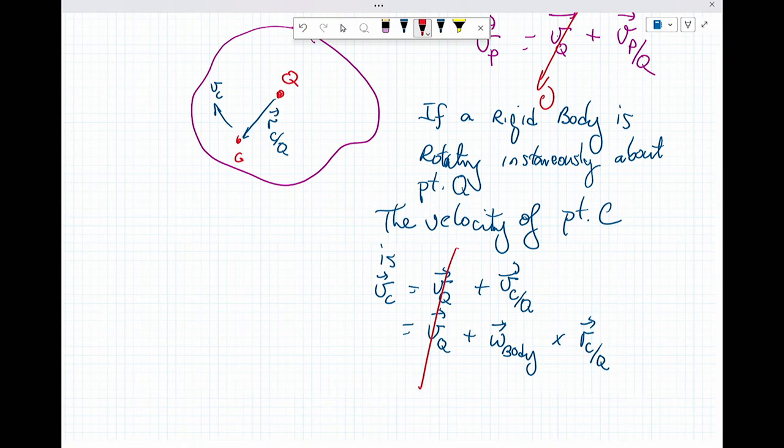And if they go away, everything is just fixed point rotation.